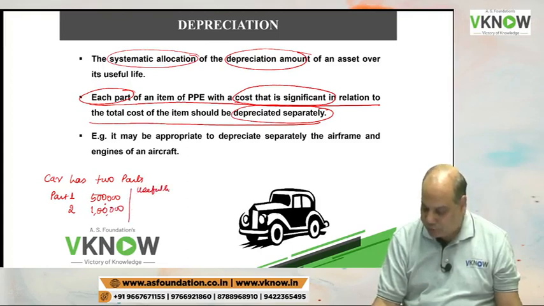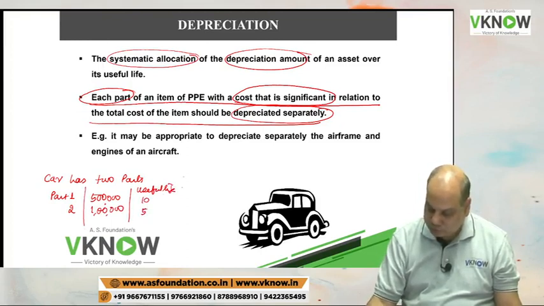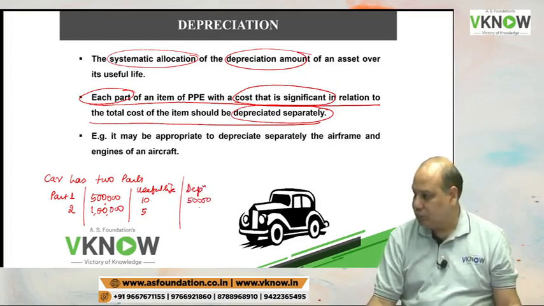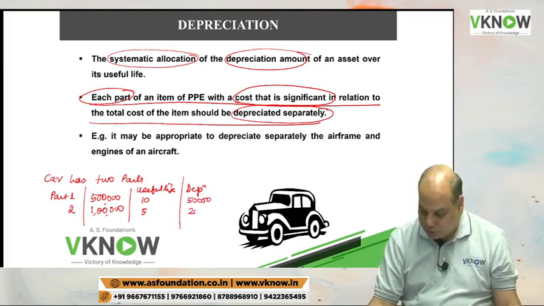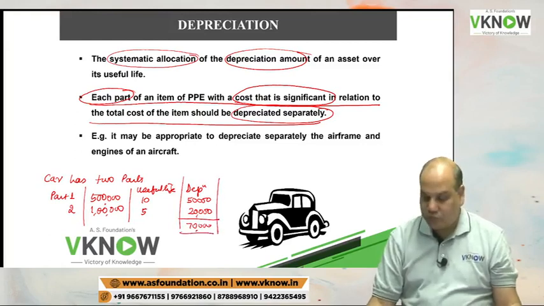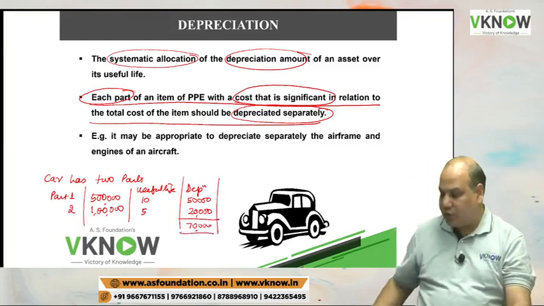Useful life is 10 years and 5 years. So depreciation will be 50,000 rupees here and here it will be 20,000, 1 lakh divided by 5. So depreciation per annum will be 70,000 rupees.